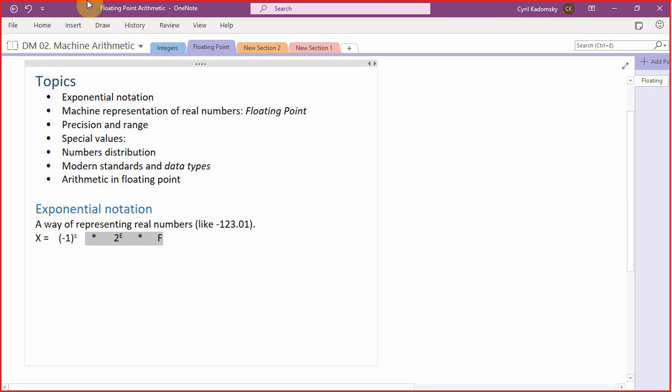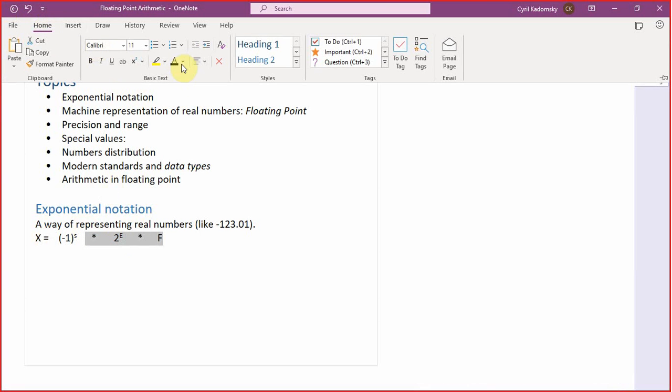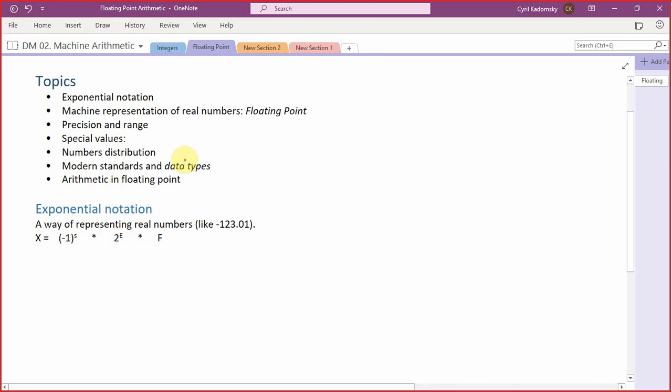In this formula, the parts that we use here are called, respectively, as follows. The value S is called a sign value. The E value, the next parameter, is called the exponent.